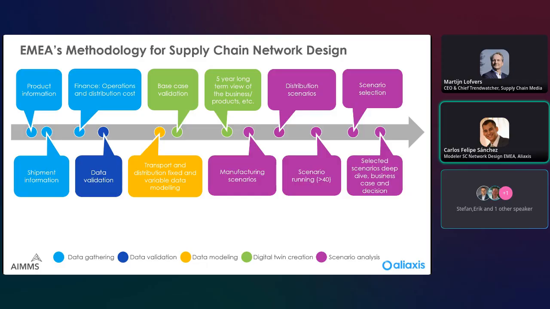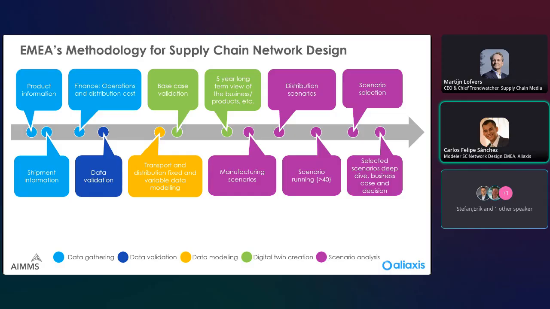So the good news here is that from our first exercise with Haskoning, we can reuse most of the information that we gathered there because we were able to create a digital twin for the whole EMEA region. Therefore, all the model, the transport model that we have created there, all the data that we gathered in that step, all the distribution and information also can be reused.